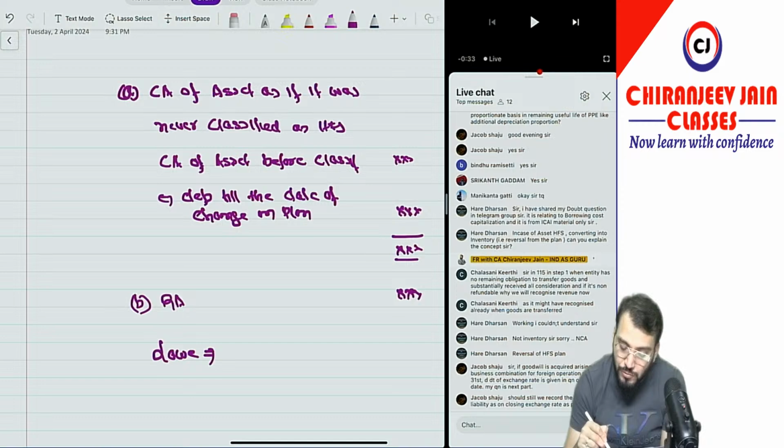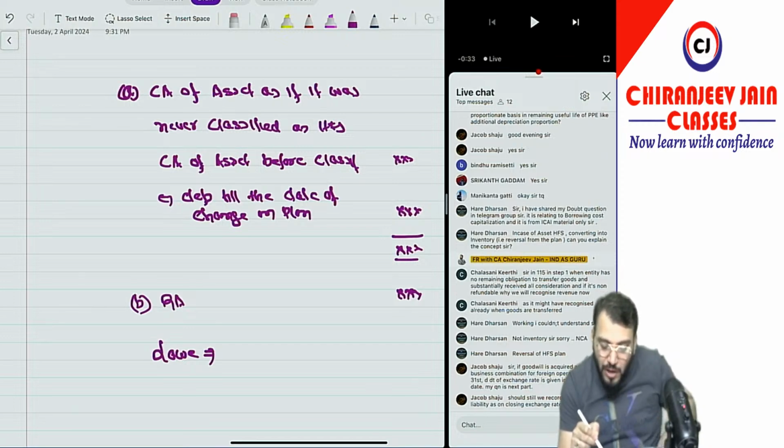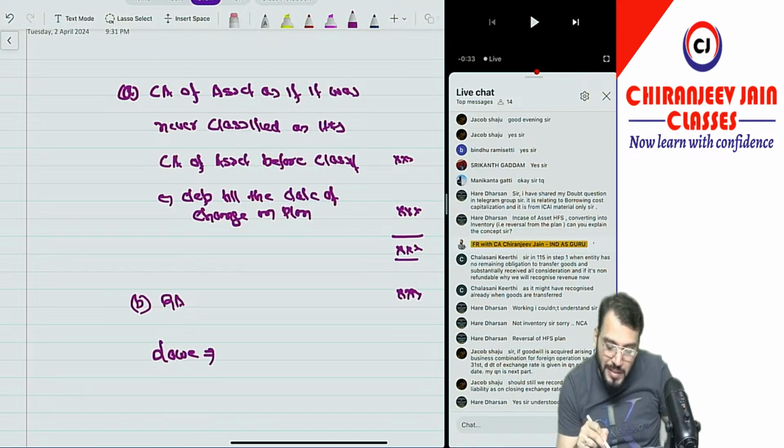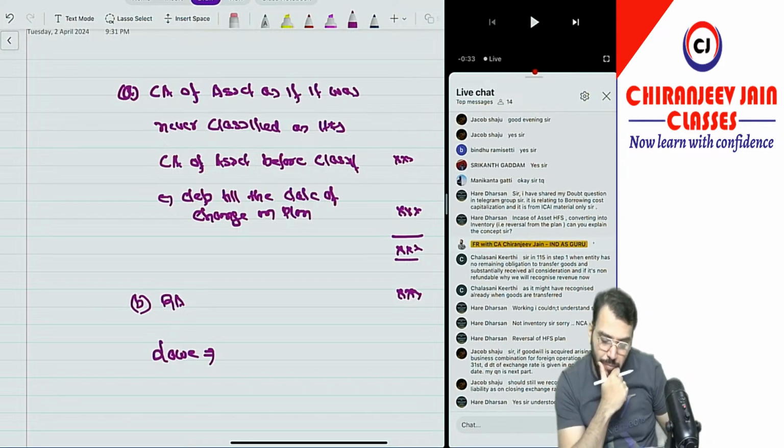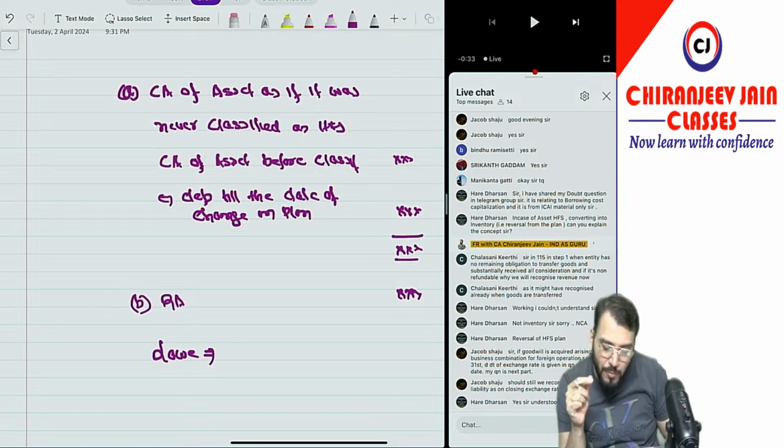Come to Jacob Saju. Sir, if goodwill is acquired arising from a business combination for a foreign operation, say on August 31st, and the date of exchange rate is given in the question on the same date, my question is the next part: should we still record the asset and liability at the closing exchange rate as per Ind AS?